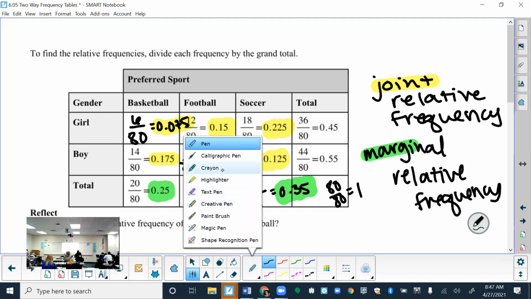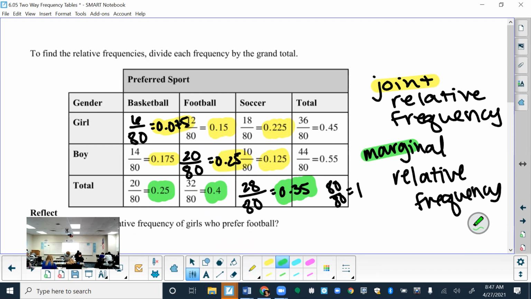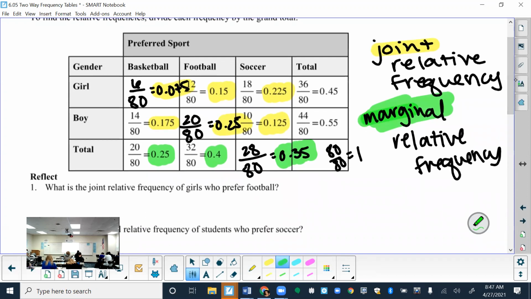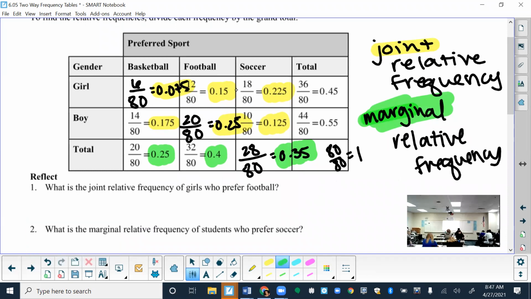All right, questions on the vocab, questions on how we found these numbers? And then if I wanted to convert them to percents, what would I have to do? Times it by 100. All right, so take about 30 seconds and answer these two questions on your own paper, see if you know it.